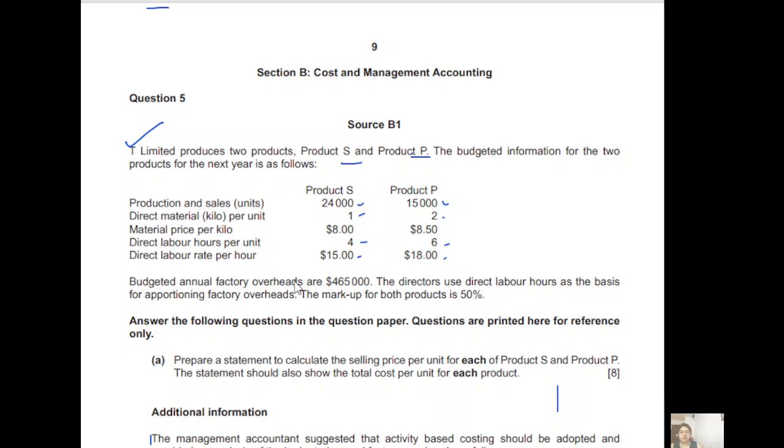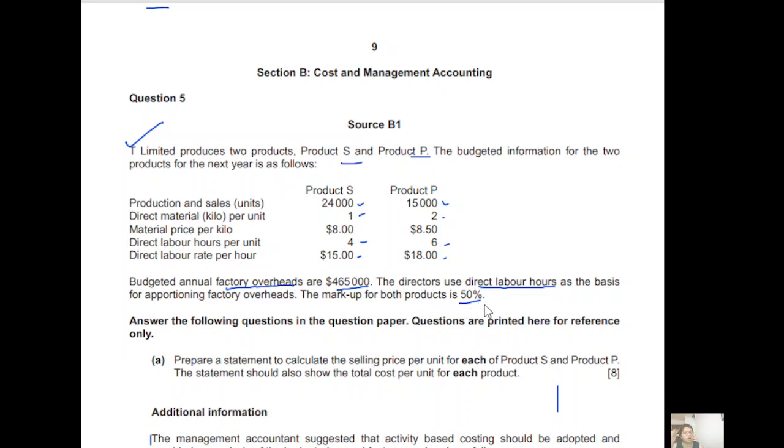After that they gave information regarding the factory overhead, which is 465,000. They want you to apportion it on the basis of direct labor hour. And the markup for that is 50% on cost, which is given to you.